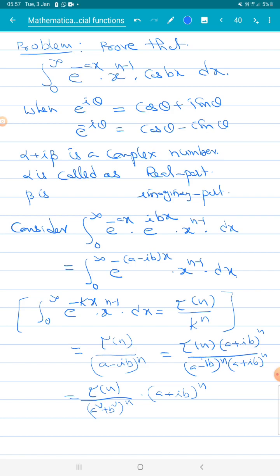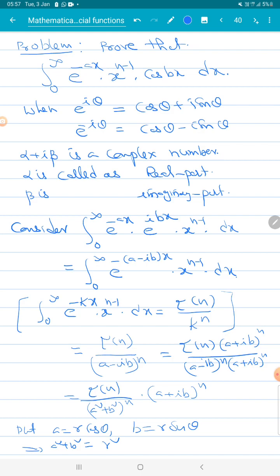Now put a equals r cos theta and b equals r sin theta. This implies that a square plus b square is equal to r square cos square theta plus r square sin square theta, which is equal to r square.